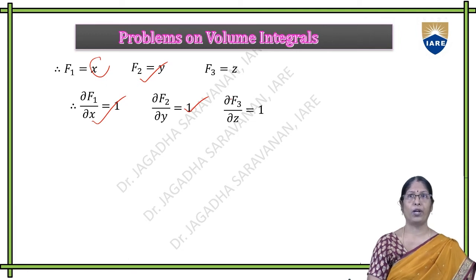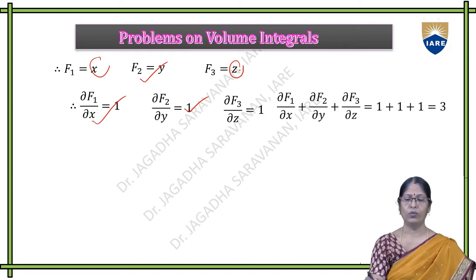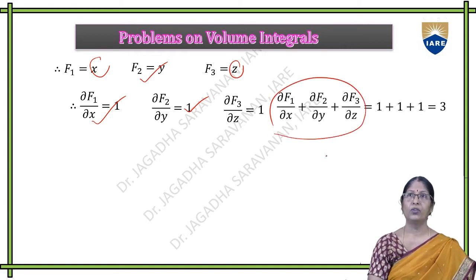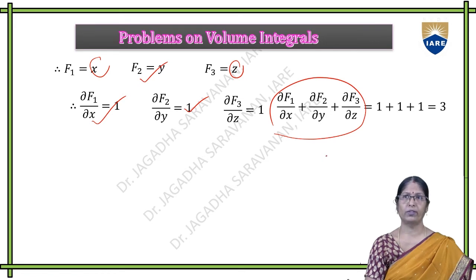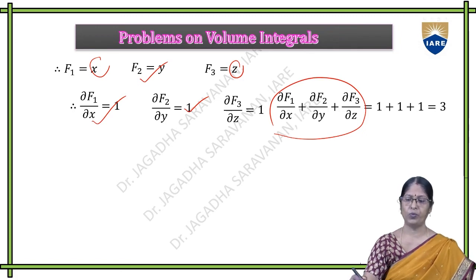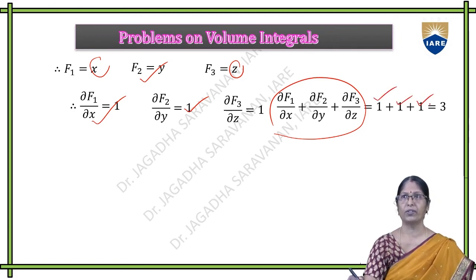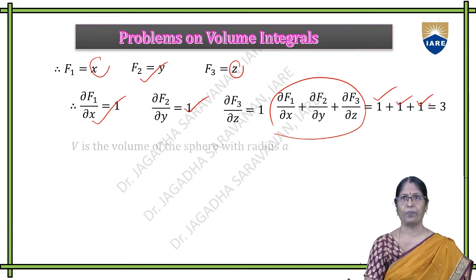Dou f3 by dou z, partially, the value is 1. Now putting together dou f1 by dou x plus dou f2 by dou y plus dou f3 by dou z, it's nothing but the divergence of f, our grad dot f. Substituting all the values, it equals 3.